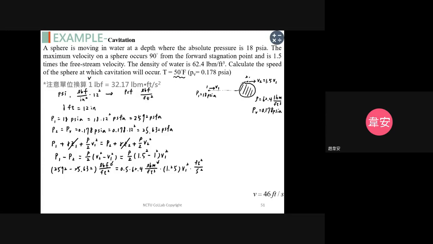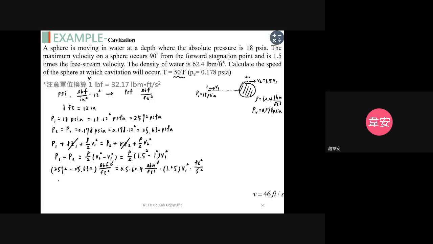We know that one pound force is equal to 32.17 pound mass multiplied by ft divided by second squared. So we change that. We just compute the answer for the pressure difference: 2592 minus 25.632.